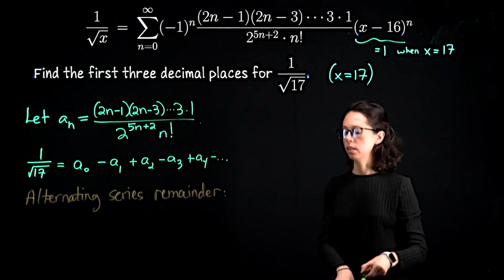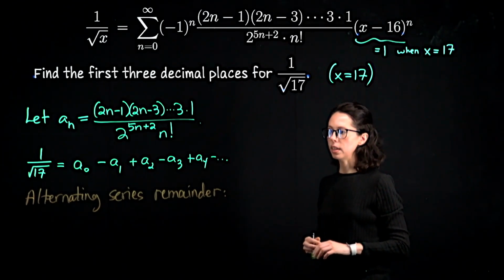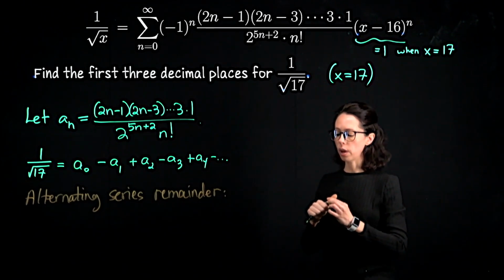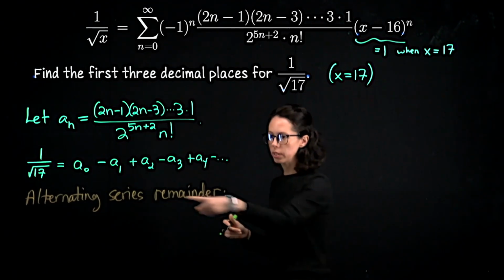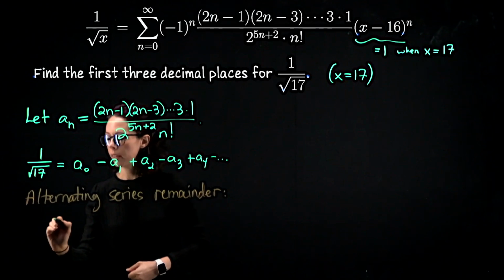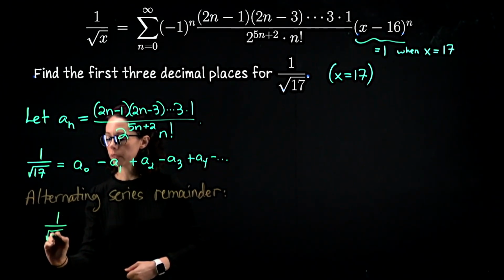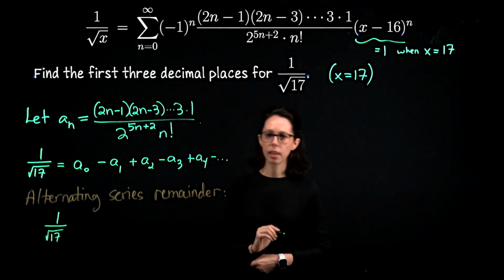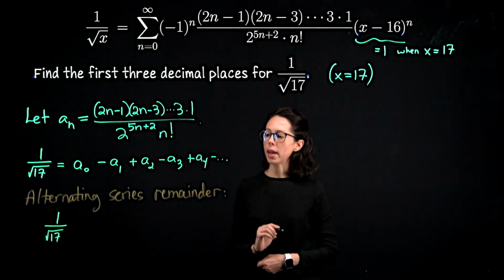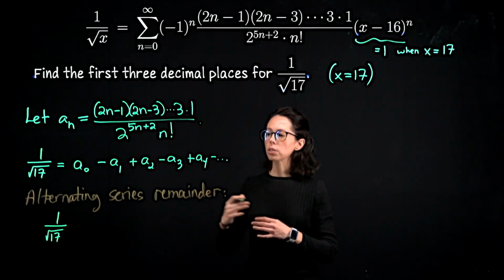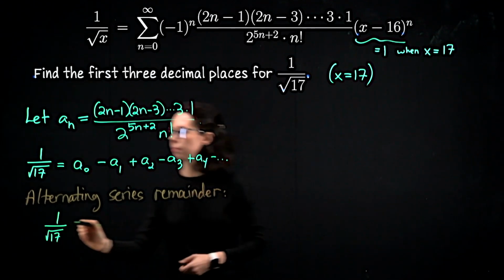What this said was that if you look at the true value of a convergent alternating series, so say I look at the actual value of 1 over the square root of 17, and I measure the distance from that number to the partial sum going through, let's say, a sub k.